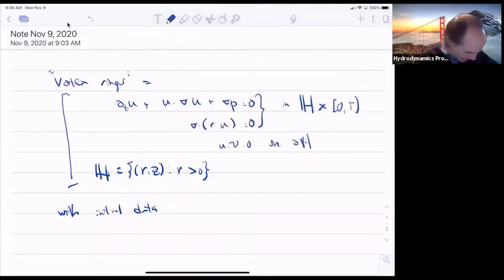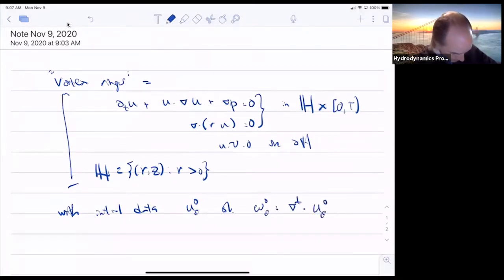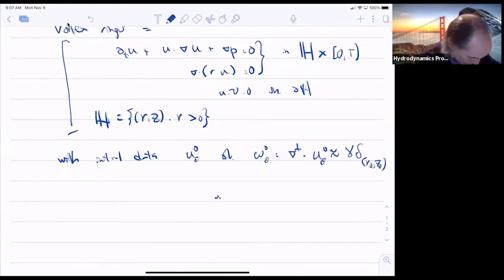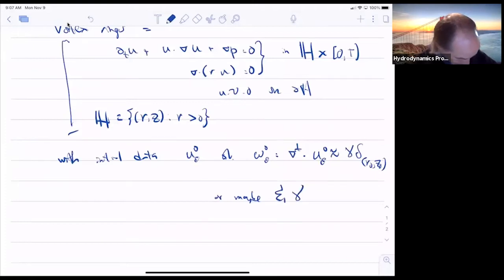With initial data, say, u epsilon 0, such that the corresponding vorticity is, say, roughly a delta function, or maybe a sum of this.